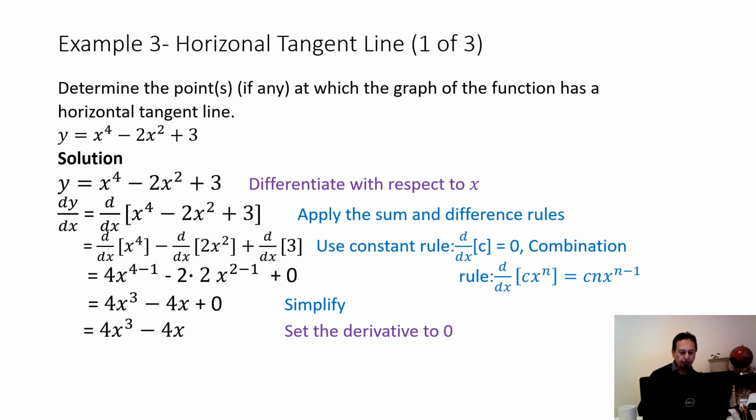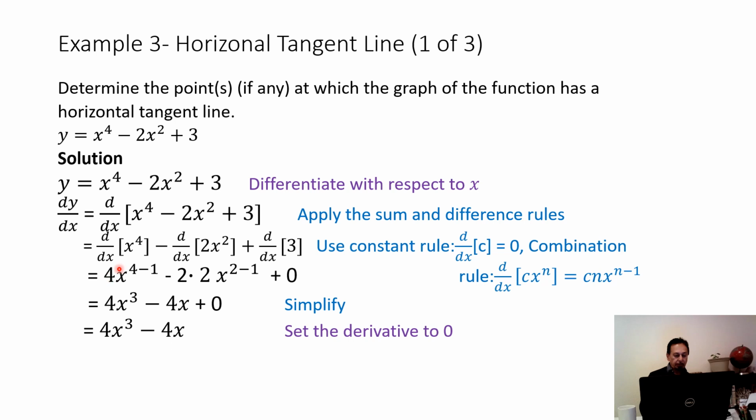Determine the points, if any, at which the graph of the function has a horizontal tangent line. Start with the function y equals x to the 4th minus 2x squared plus 3. Differentiate with respect to x. So y prime becomes d over dx of x to the 4th minus 2x squared plus 3. Now we apply the sum and difference rules.